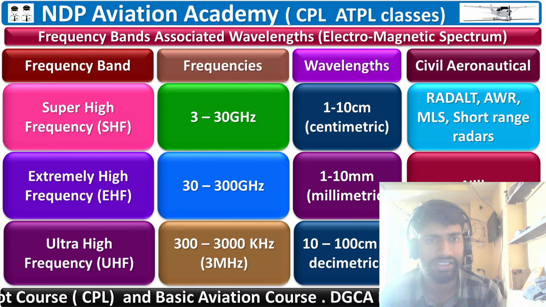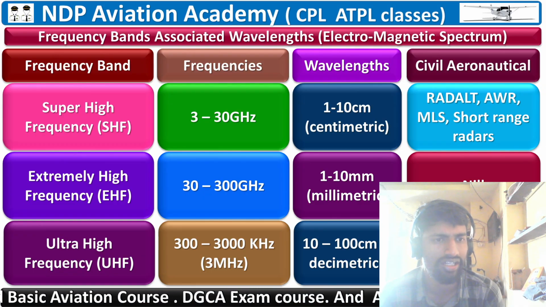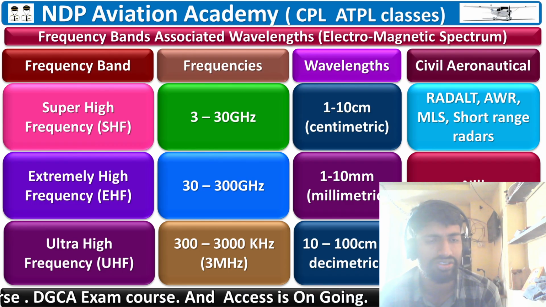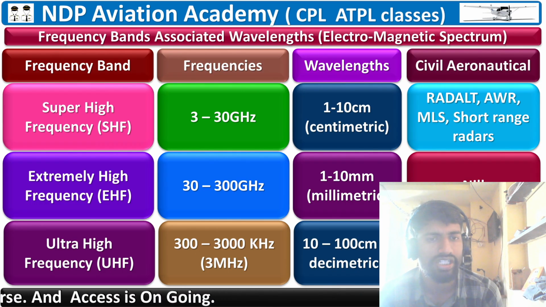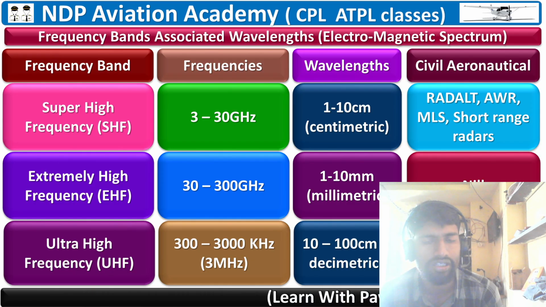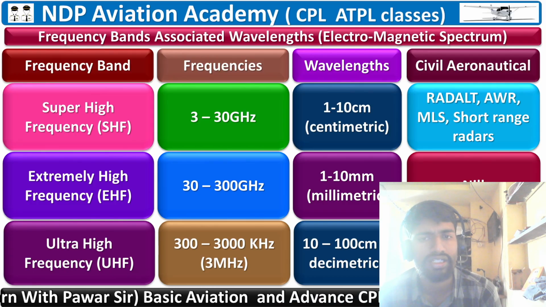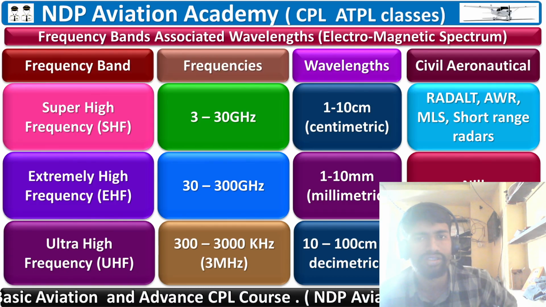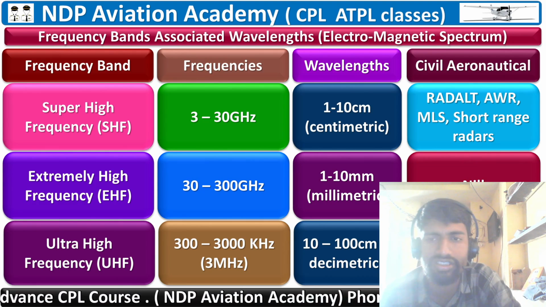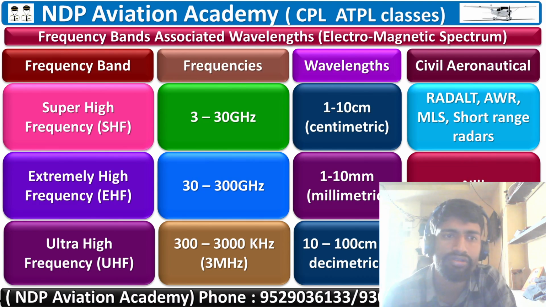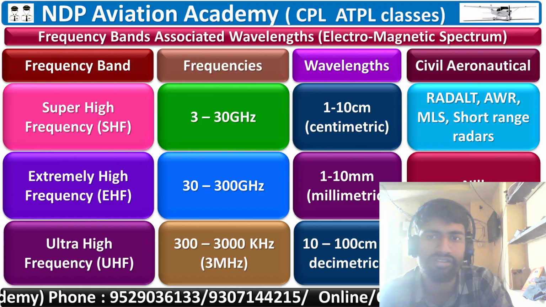Then extremely high frequency, EHF, starts from 30 gigahertz and ends at 300 gigahertz, with wavelength 1 to 10 millimetric. This frequency we do not use in aviation.